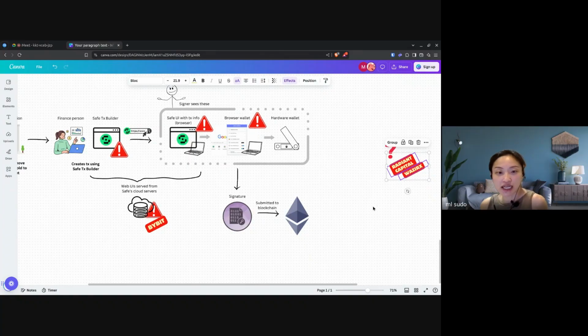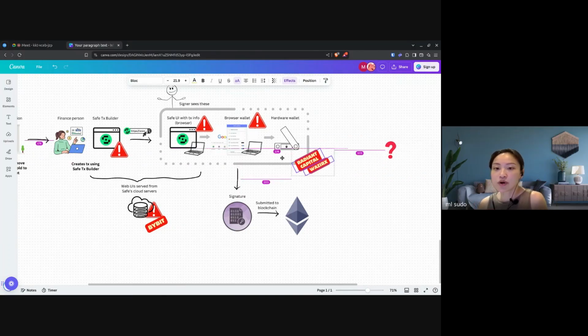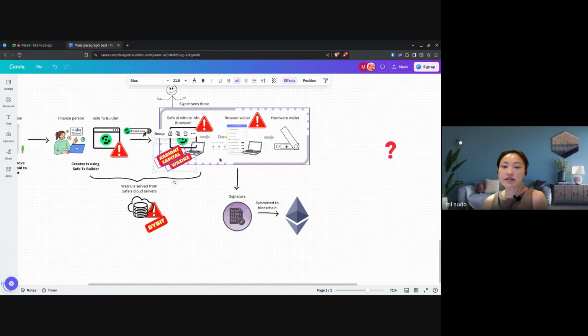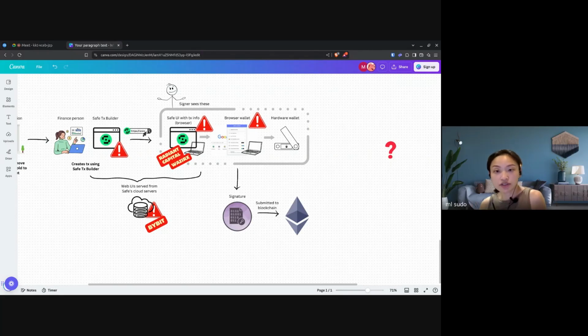What happened in July and October last year was pretty scary. Essentially, Radiant Capital and WazirX, it's clearer for Radiant Capital, less clear for WazirX, were victims of a situation where their signers' computer devices were compromised. And so while their devices received legitimate JavaScript from Safe servers, on the device that JavaScript was then malformed or edited in order for them to sign a malicious transaction.